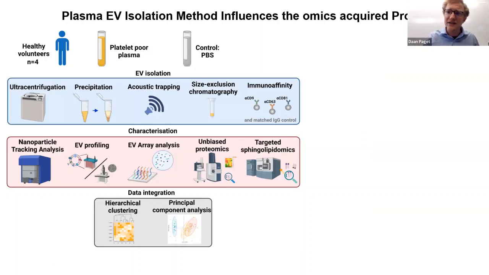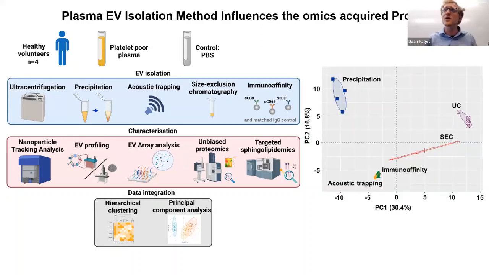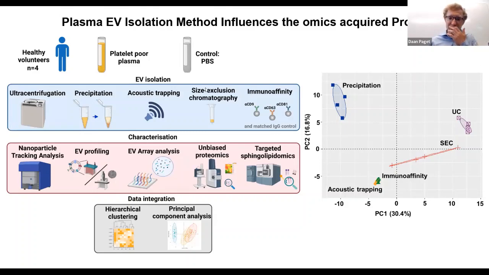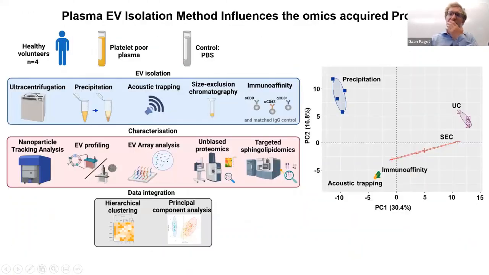When we look at the principal components analysis, we see again a big difference between different isolation methods, where precipitation, ultracentrifugation, and SEC form separate distinct clusters, and acoustic trapping and immunoaffinity capture cluster together.